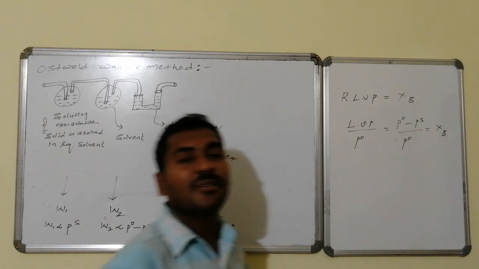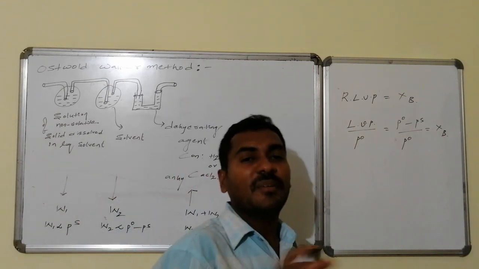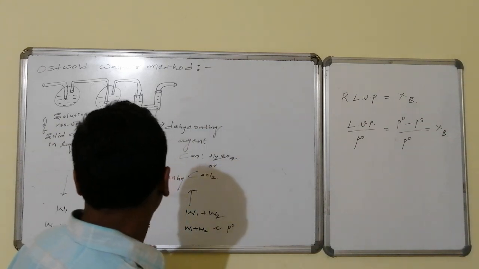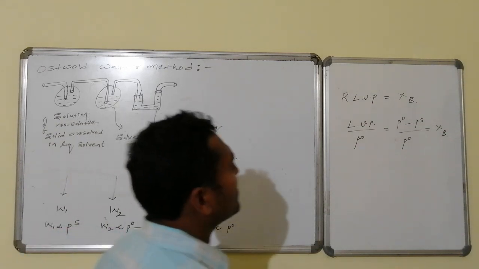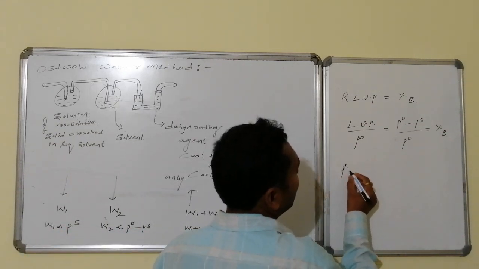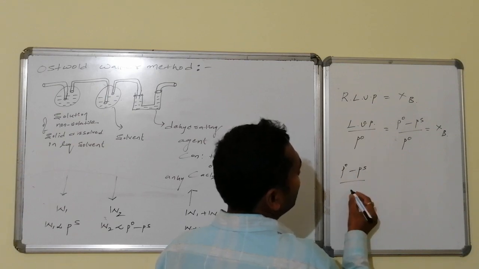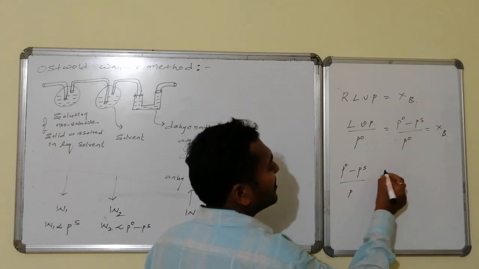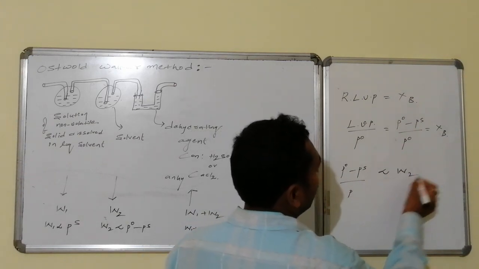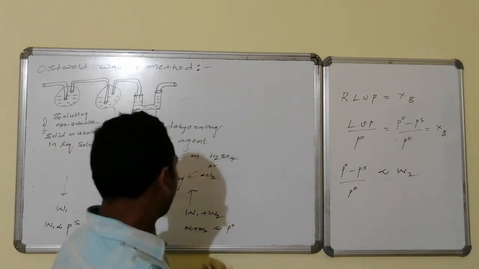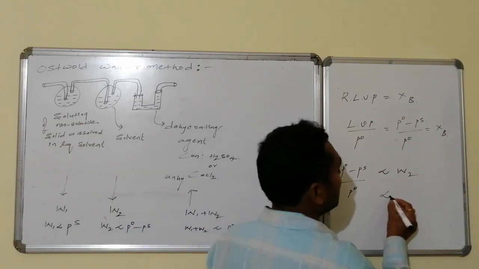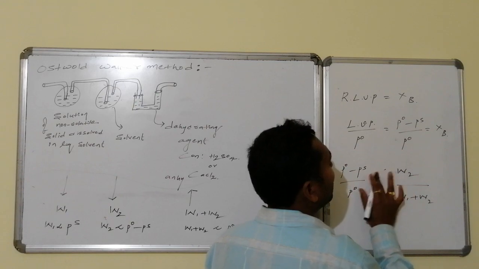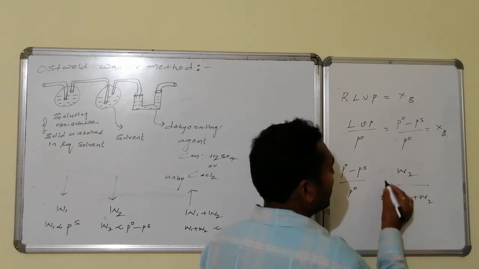That is relative lowering in vapor pressure, one of the forms of Raoult's law. Whereas P0 minus Ps is proportional to W2, and P0 is proportional to W1 plus W2.